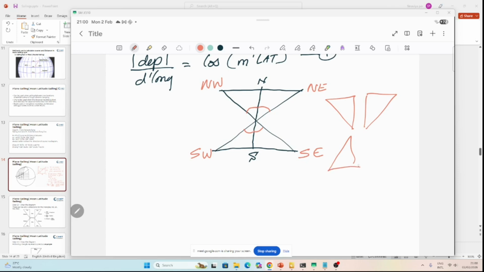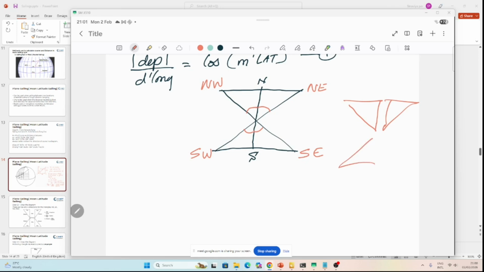Now you may see in books like this. It is the same thing that I have drawn, but I did it in a way that you can remember what you are doing. Otherwise, when I'm correcting the question papers, I have seen some people drawing the triangles like this.